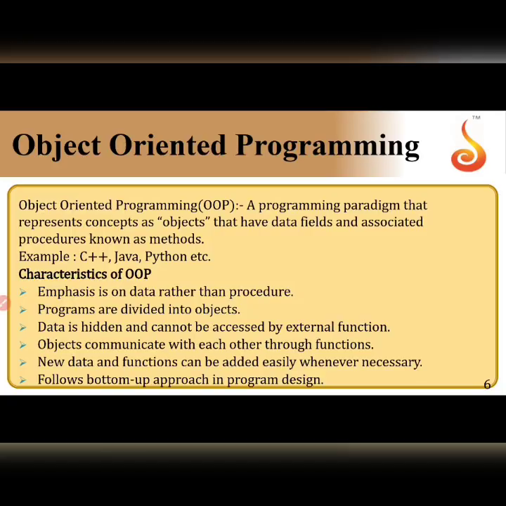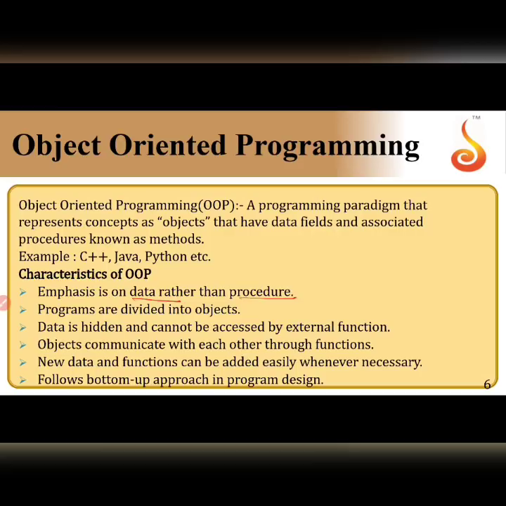We'll start with the characteristics of object-oriented programming. This question, characteristics of OOP, can be asked for 5 marks in your exam. Here, the emphasis is on data rather than procedure. In structured programming, the emphasis was on procedure rather than data.